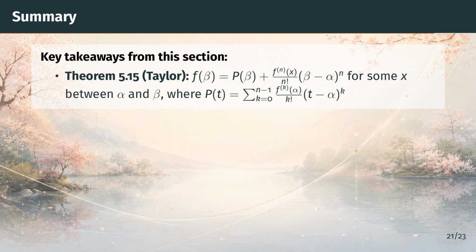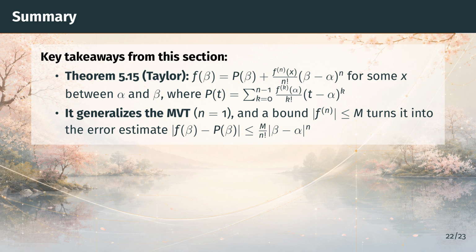The polynomial copies all the derivatives of f at alpha up to order n minus 1, which is what makes it the natural choice.